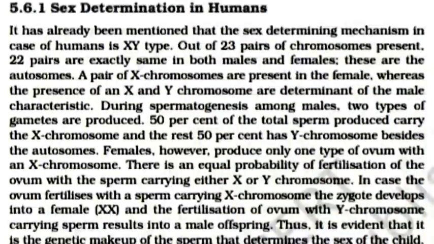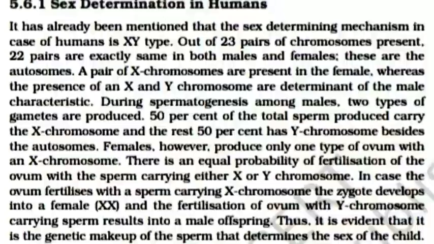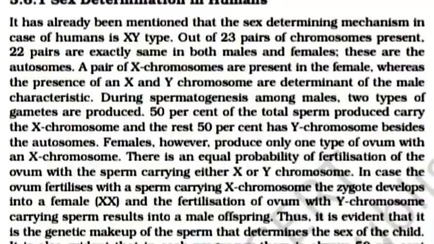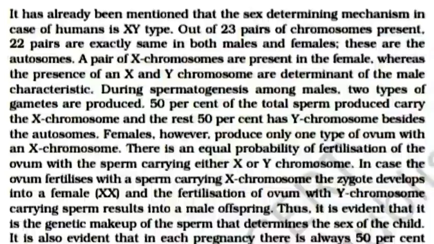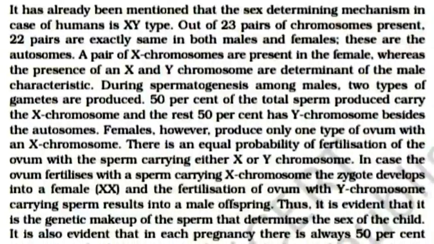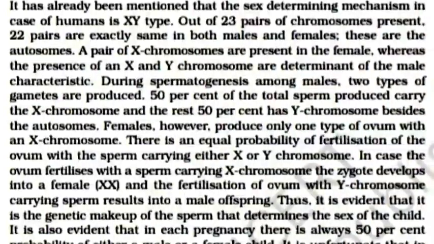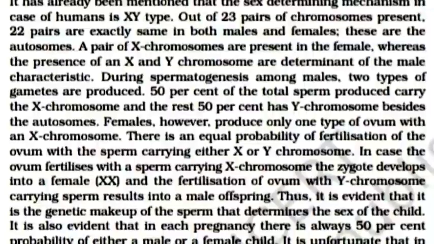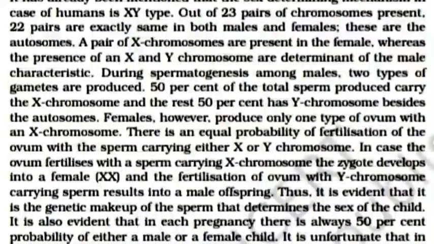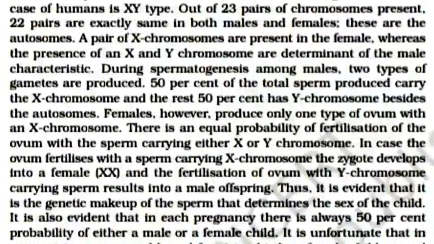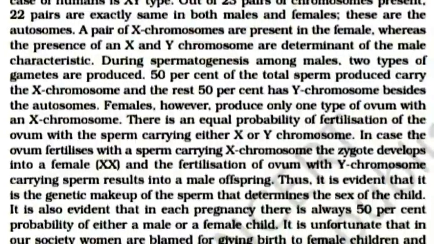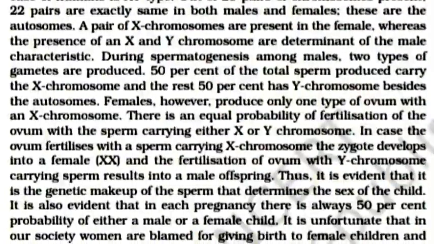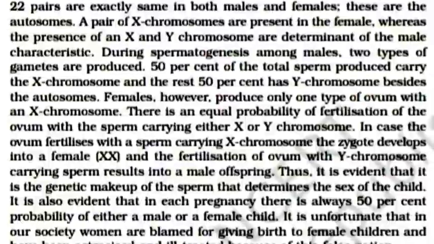During spermatogenesis among males, two types of gametes are produced. 50% of the total sperm produced carry the X chromosome and 50% have the Y chromosome besides the autosomes. Females, however, produce only one type of ovum with an X chromosome. There is an equal probability of fertilization of the ovum with a sperm carrying either X or Y chromosome.